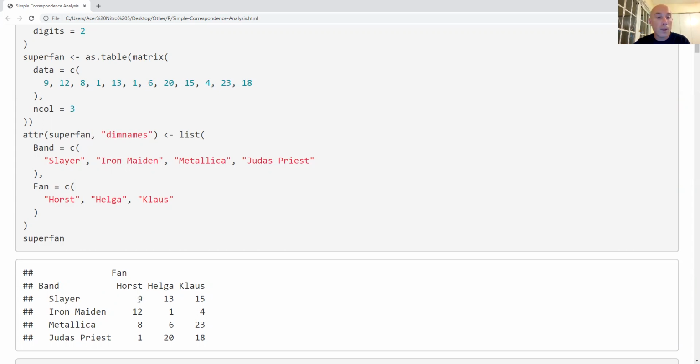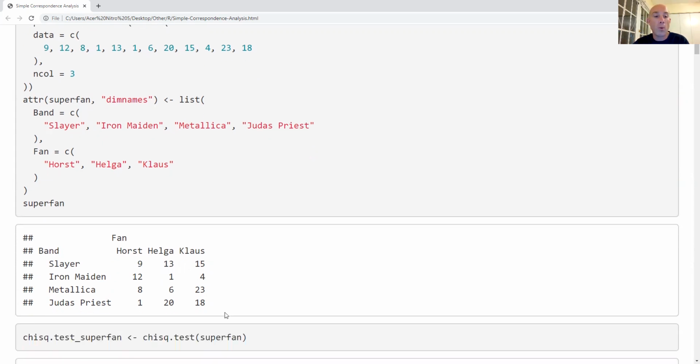So this entry here, if I have independence, this count would be proportional to the sum of these 3 and the sum of these 4. And that's how we work through the chi-square test if I want to do it manually.